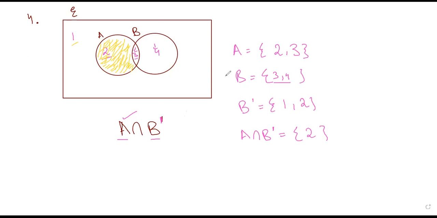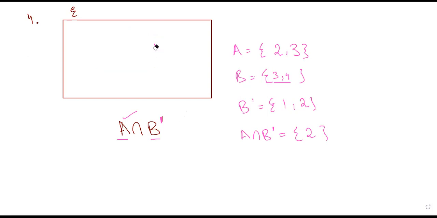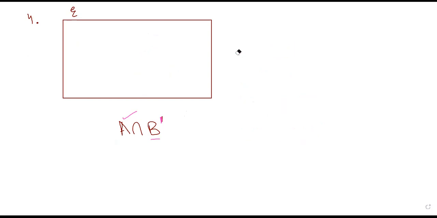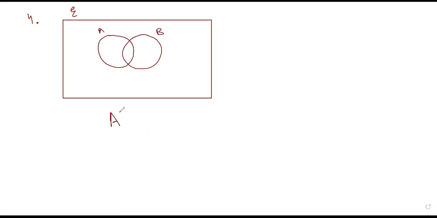Okay, let's do another question in 2-1. Let me just stop this. Okay, so we have A and B. This is A and this is B, and the question this time is A complement intersection B. Let's do it together because we have less time.